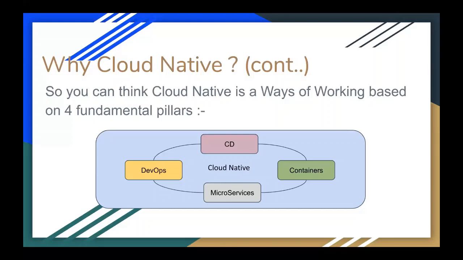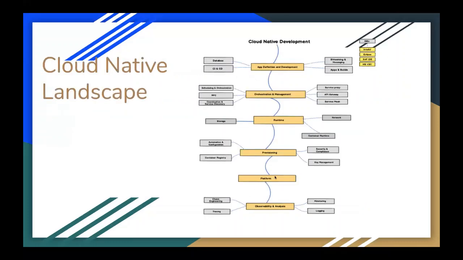One other thing not covered here is more in this layer: observability and analysis. That is monitoring and logging. Another thing is chaos engineering, which is very important these days, because most of the top companies are using it to find the loopholes in their solutions. A lot of tools are there.